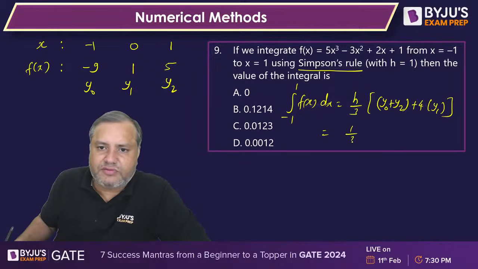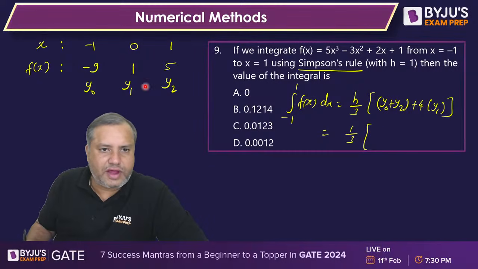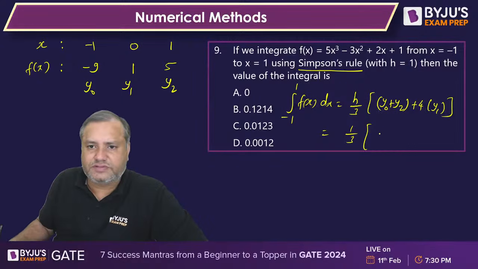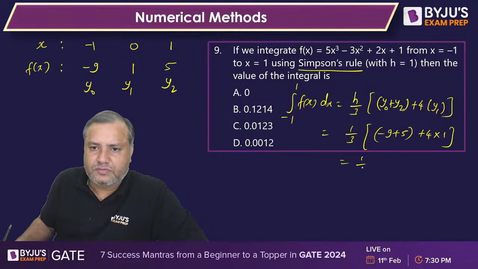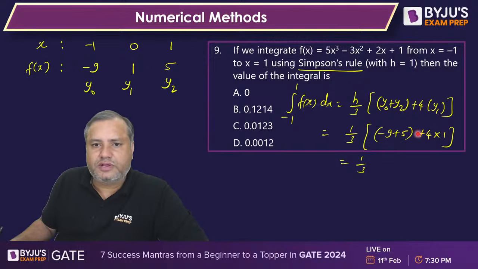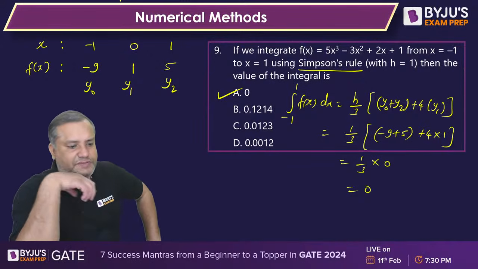H is nothing but 1, so 1 by 3. y0 plus y2, that is -9 plus 5, plus 4 times y1, that is 4 into 1. So this is -4 plus 4 will be 0. Option A should be the correct answer as per Simpson's 1/3 rule.